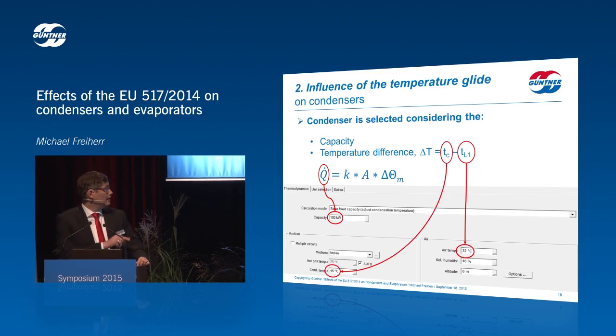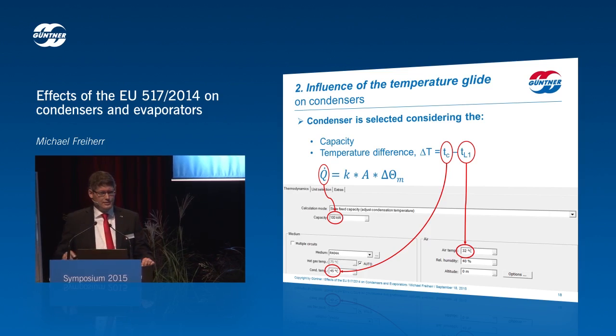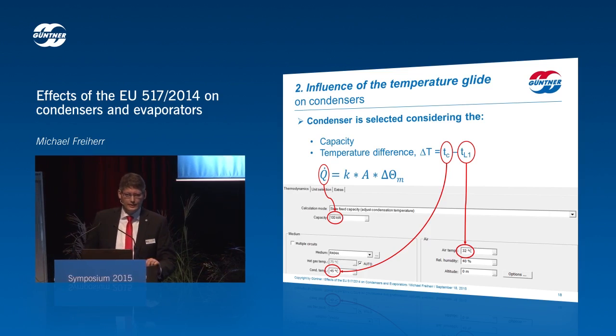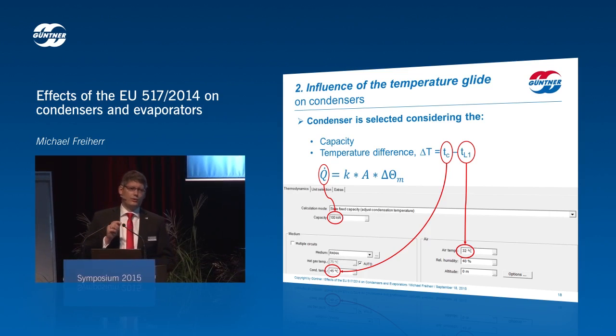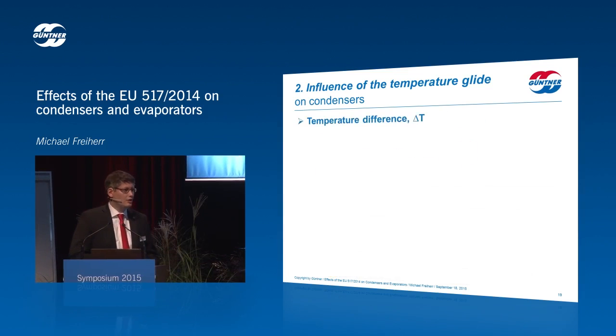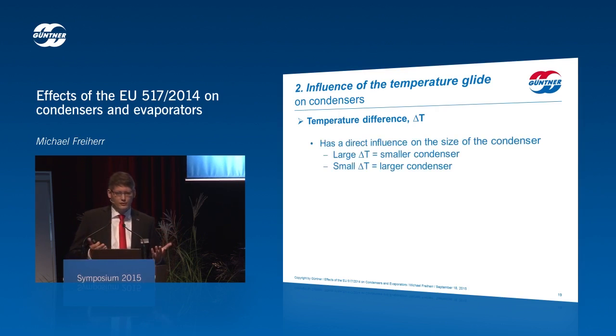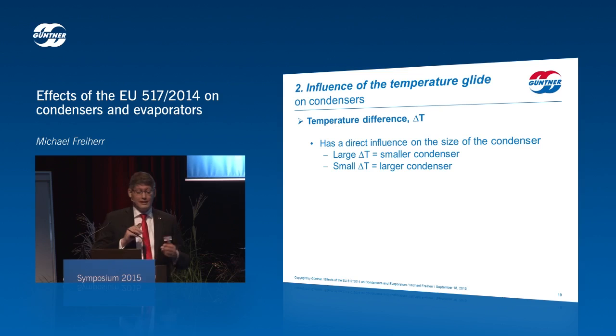Then the software will give you a device with the right K value, K multiplied by A value. So the delta T that you enter has a direct influence on the size of the condenser. So large delta T means a smaller condenser, smaller delta T means larger condenser. So this interaction is quite simple. Or the logic is the ratio.